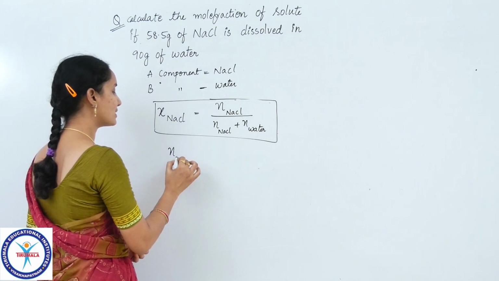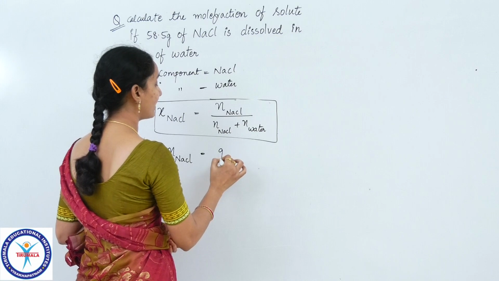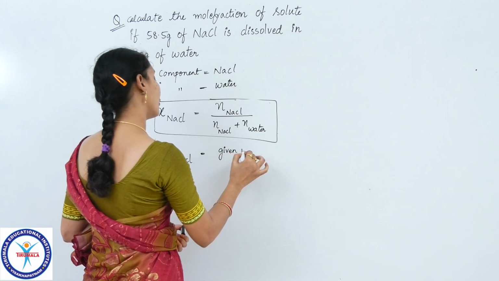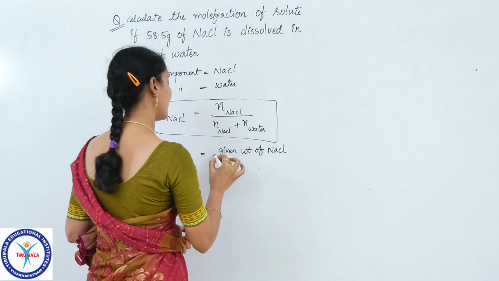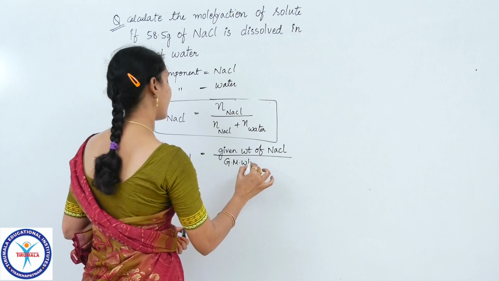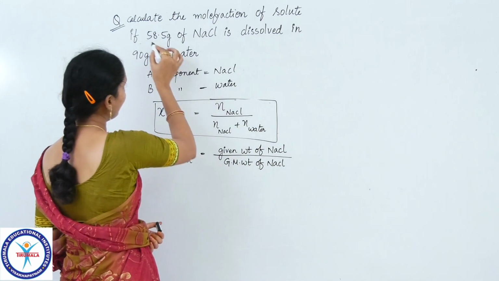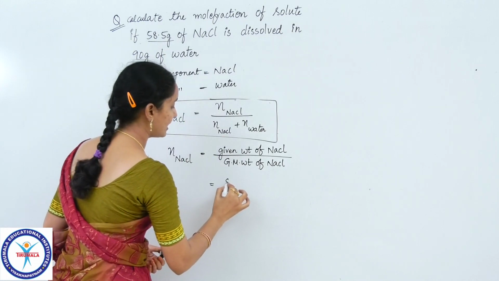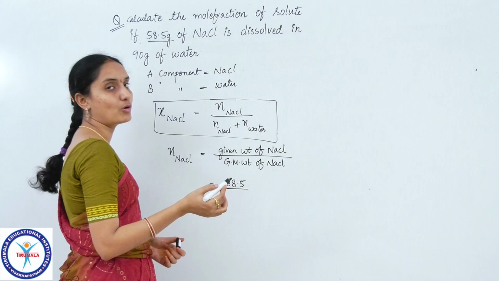So number of moles of NaCl, how can we calculate? It is equal to given weight of NaCl upon gram molecular weight of NaCl. What is the given weight of NaCl? 58.5 grams upon NaCl's molar mass.